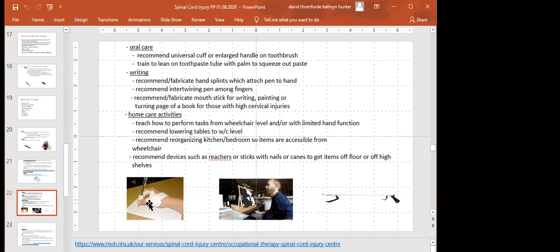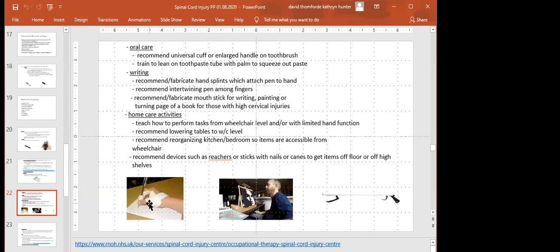Now we do have people with a high cervical injury who do not have any hand function. These people can learn to use a mouse stick. A mouse stick can be bought commercially, or it can be fabricated if you have a piece of wood with a rubber eraser on the end, and then you can take a piece of high temperature plastic and heat it up and then cool it down and put it in the person's mouth and have them bite down on it.